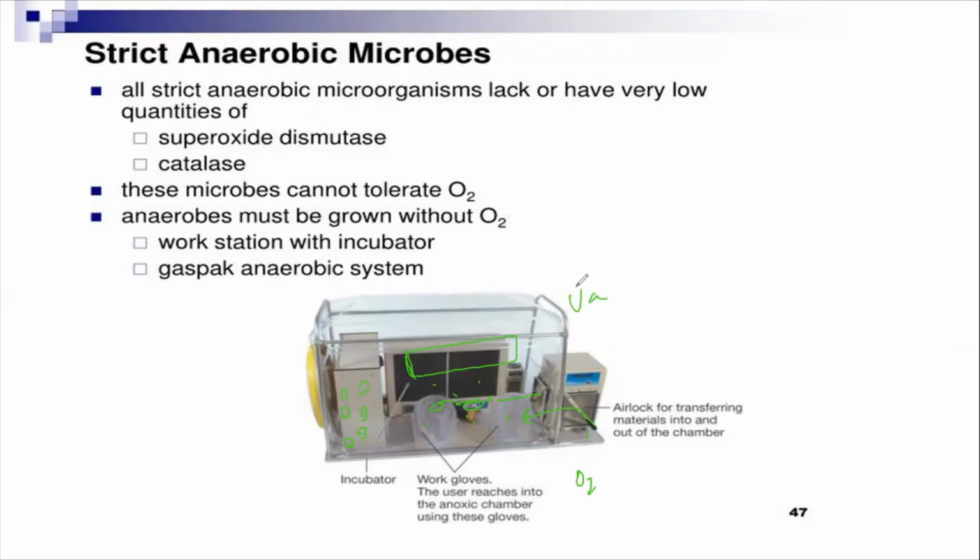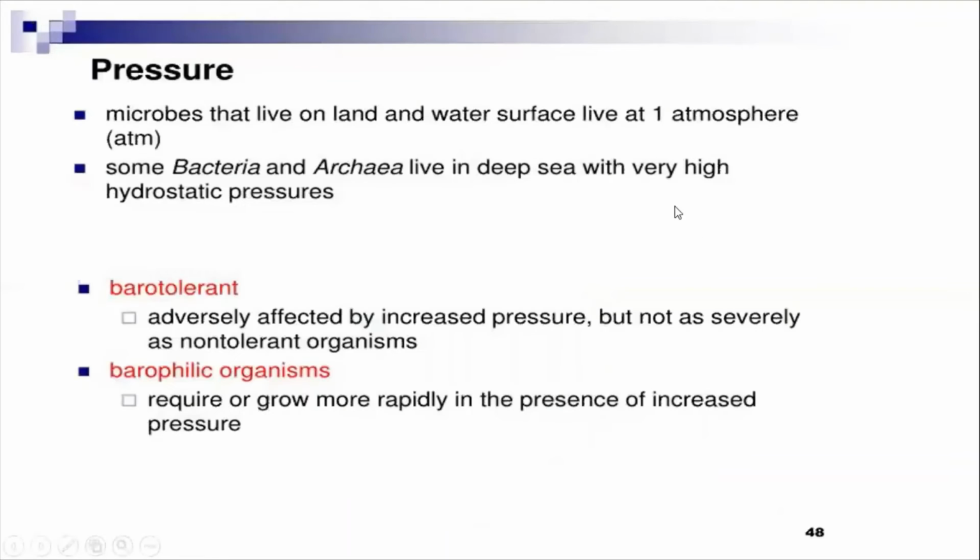It will just remove all the oxygen present inside this chamber, because you need to transfer your materials, like whatever pipettes, media, whatever it is. So when you transfer it from here to here, sometimes oxygen might enter. So this will try to remove the oxygen. Same as what the gas pack system was doing there. Clear?